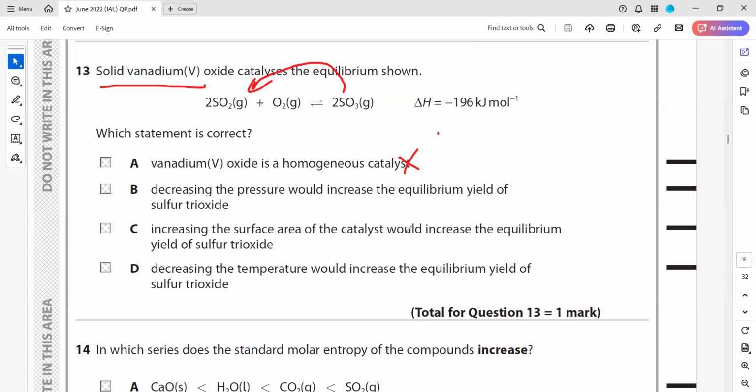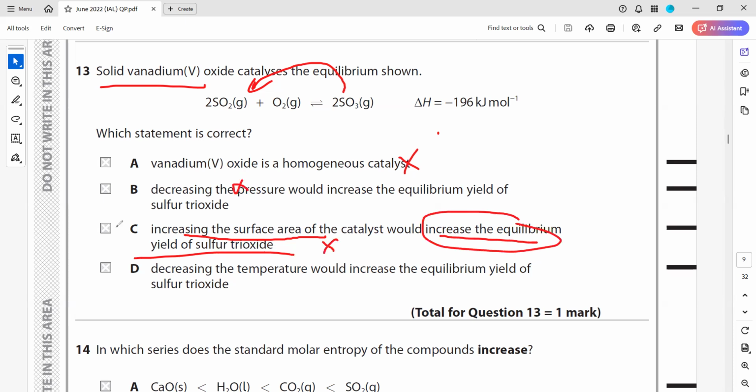Increasing the surface area of a catalyst would increase the equilibrium yield of sulfur trioxide? No, a catalyst only affects the rate.